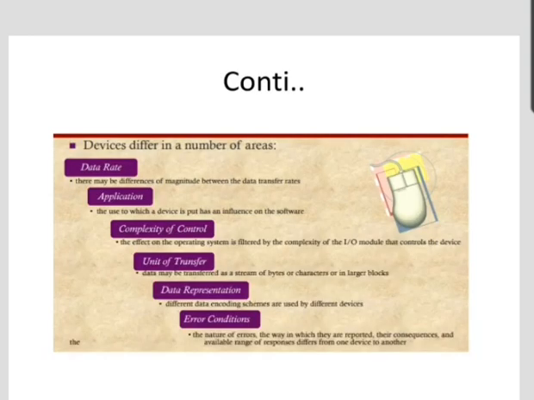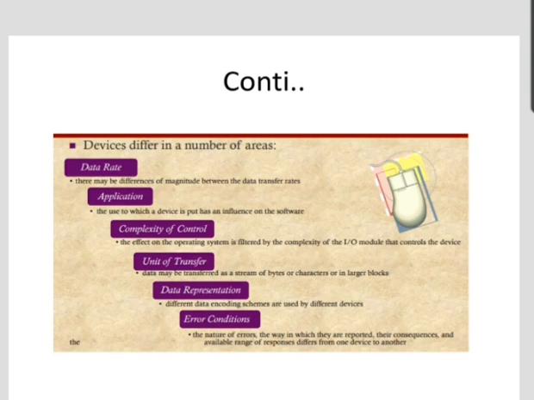So the devices differ in a number of areas. Data rate: there may be a difference of magnitude between the data transfer rates. Application: the use to which a device is put has an influence on the software. Complexity of control: the effect on the operating system is filtered by the complexity of the input-output module that controls the device.